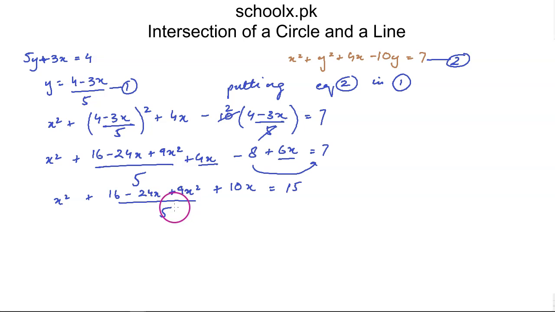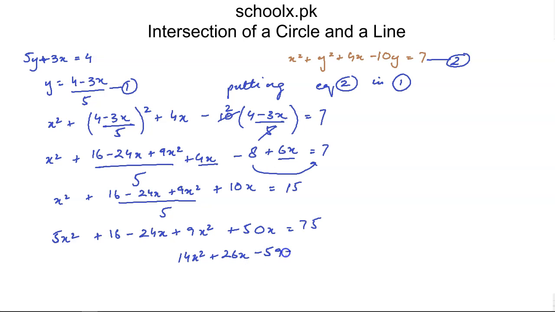Now I'll multiply 5 on the left hand side and on the right hand side of this equation to eliminate this 5. I'll get 5x squared plus 16 minus 24x plus 9x squared plus 50x equals 75. From this, I'll get 14x squared plus 26x minus 59 equals 0.